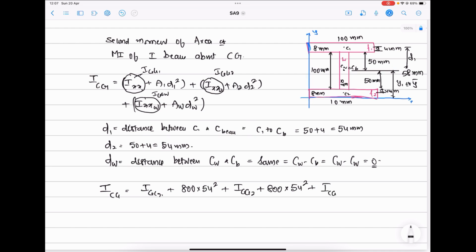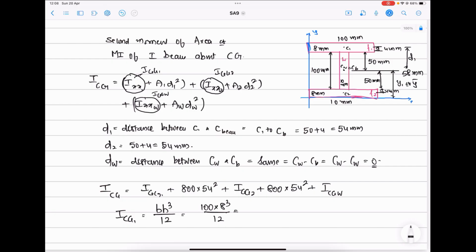Now we have to find out what ICG1, ICG2 and ICG web are. What is ICG1? If any rectangular shaped beam is there, the value of the moment of inertia or second moment of area about the center of gravity is BH cube by 12. Breadth is 100, height is 8, so 100 into 8 cube by 12.